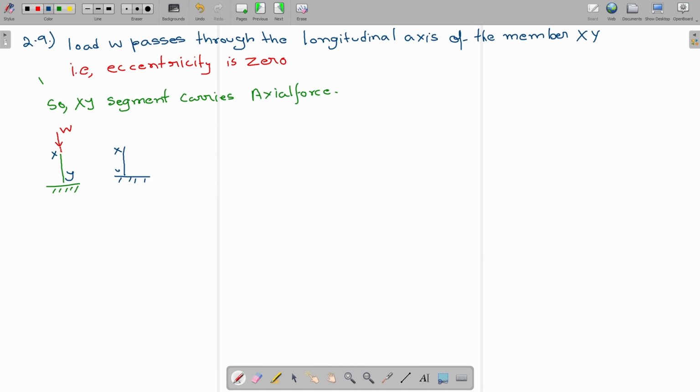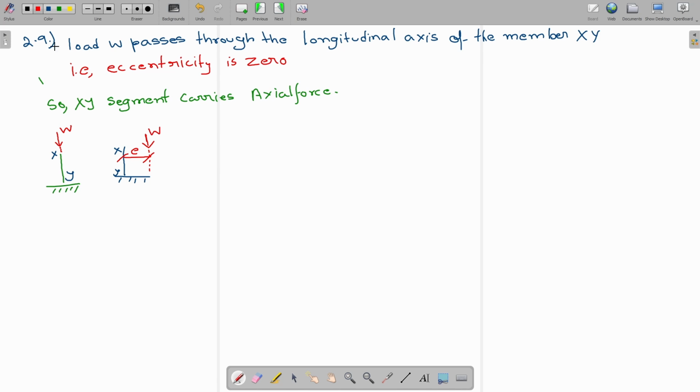This is X, this is Y. The load has to pass through either this direction. Therefore, we can write that eccentricity was E. Then this might have carried both axial as well as shear force, or bending moment and axial force.